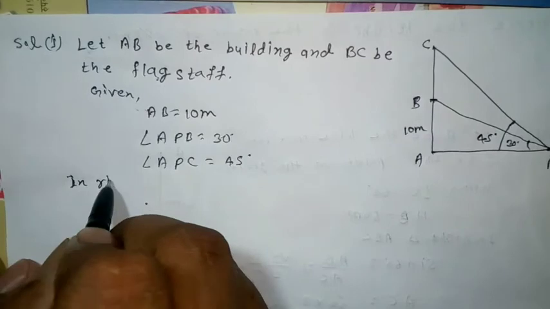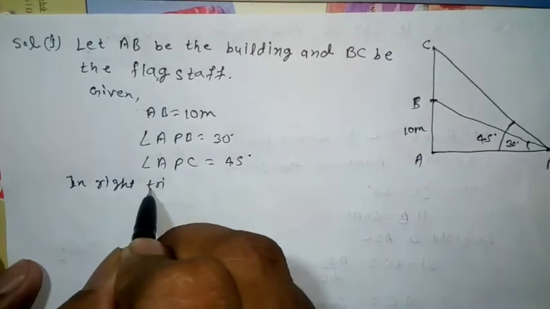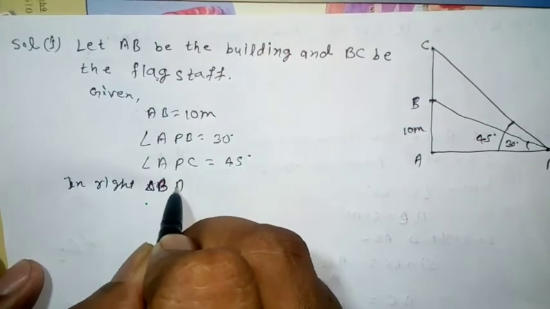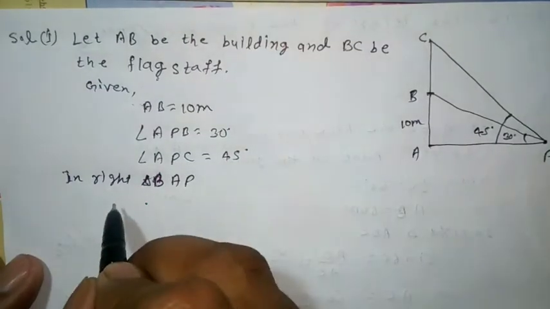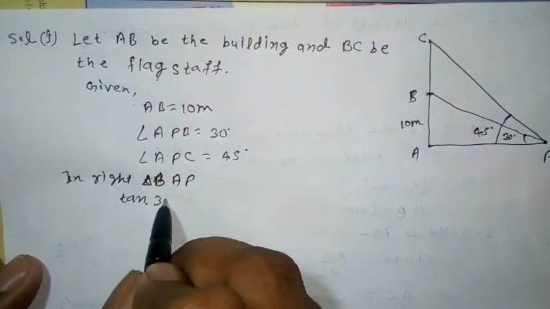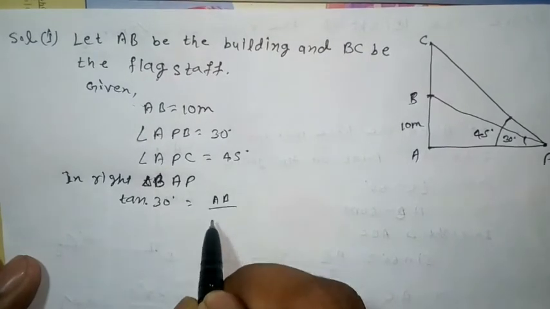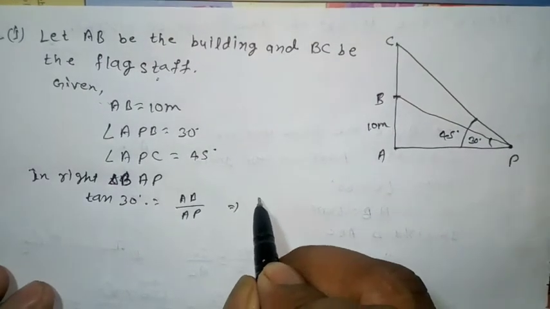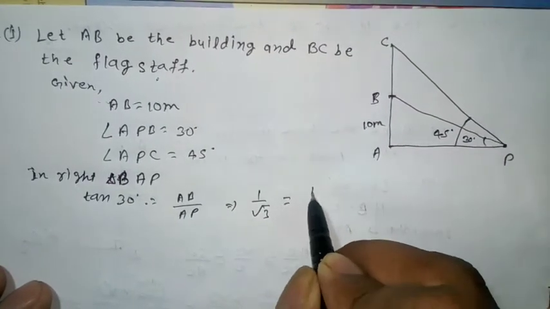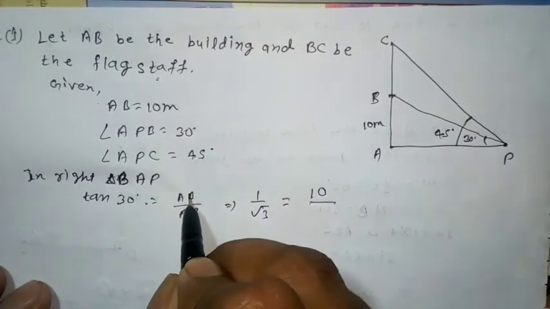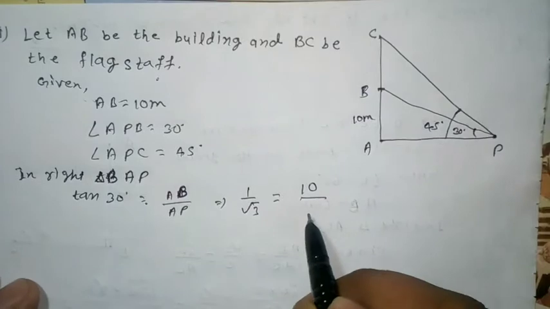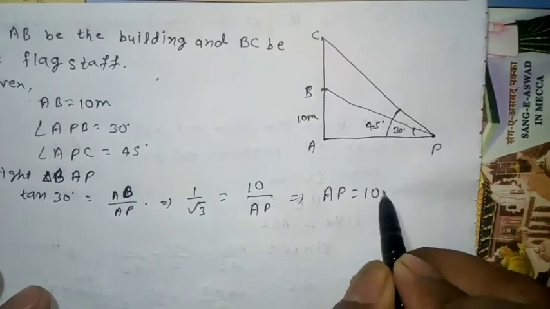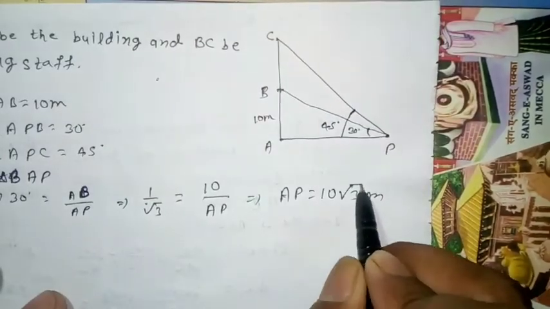In right triangle BAP, tan 30 degrees is equal to AB by AP. Implies the value of tan 30 is 1 by root 3 is equal to AB by AP, that is 10 by AP. Implies AP is equal to 10 root 3 meter.